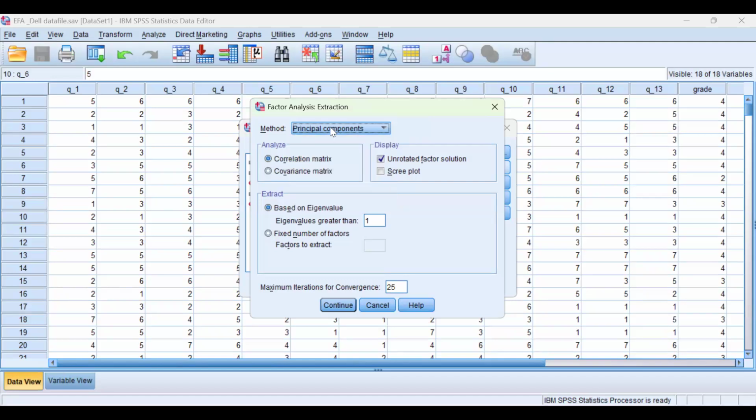When we are using principal component analysis, we will take the correlation matrix. Now, there are two matrices given: one is the correlation matrix, another is the covariance matrix. What is the correlation matrix? It gives you the strength of the relationship between two variables. And what is a covariance matrix?